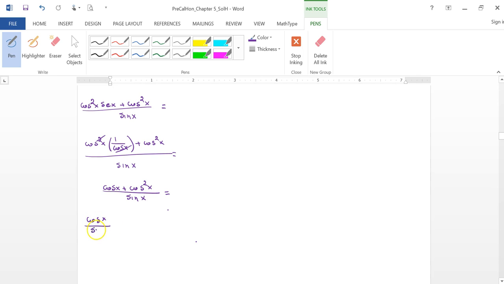Cosine x over sine x plus cosine squared over sine. What's cosine squared? It's cosine x over sine x. Right? So what's this here? Cotangent x. What's this? Plus cotangent x, cosine x. Hey, that's the same as the other side. There you go.